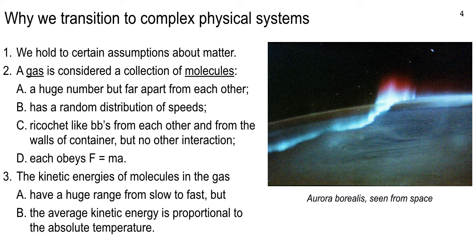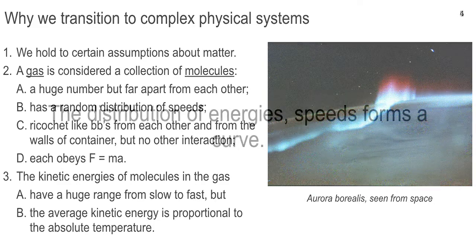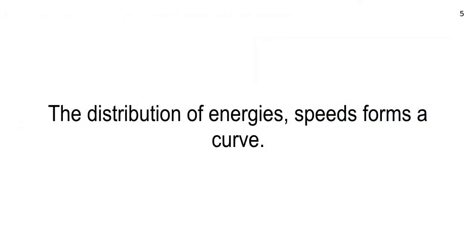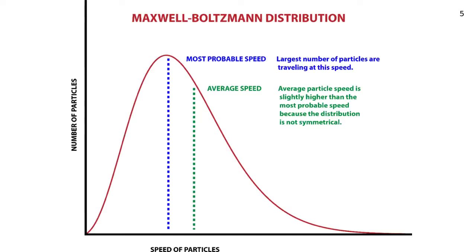Now, what I want to point out to you is a few other things, and this is actually going to lead us back to Dr. Max Planck. The distribution of energies and speeds in a gas forms a curve. The curve looks like this. This is called the Maxwell Boltzmann distribution. You can make a sketch of this.